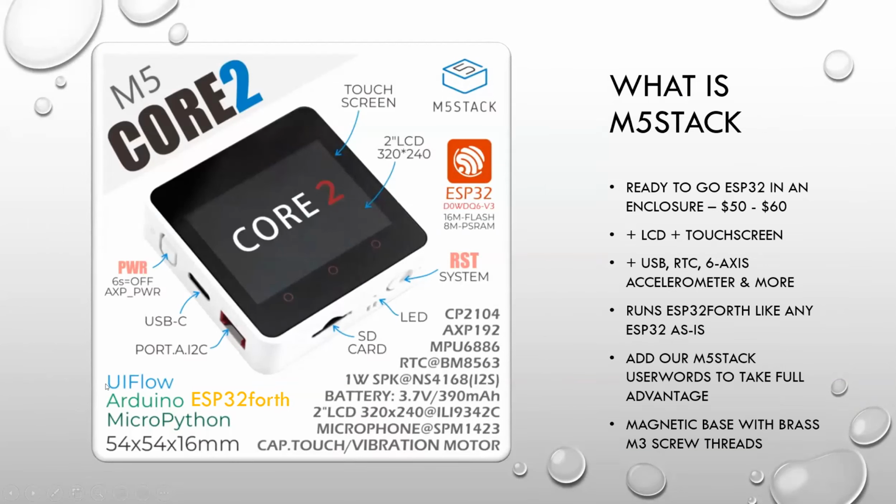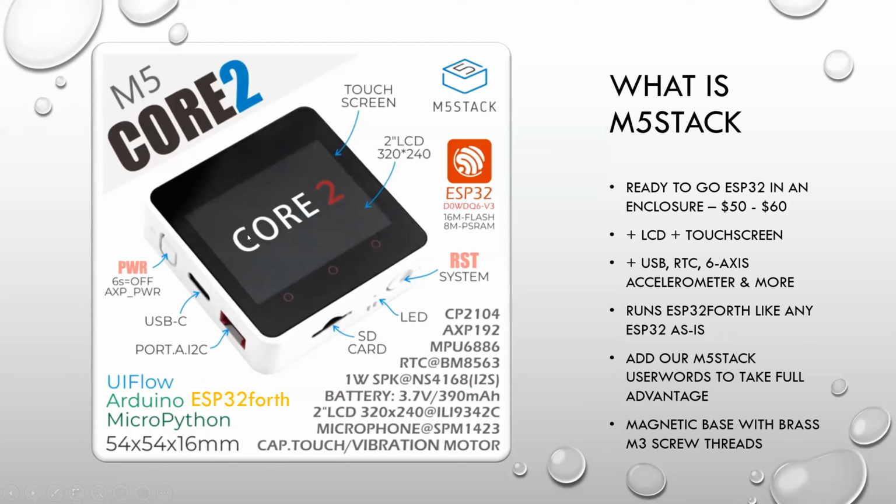If I'm honest, they seem to push UI flow and MicroPython a lot, and that's because I think compiling ESP32Forth is quite a big endeavor, it takes a while. And if you were developing an application, embedded user interface screens require a lot of tuning, a lot of adjustment.